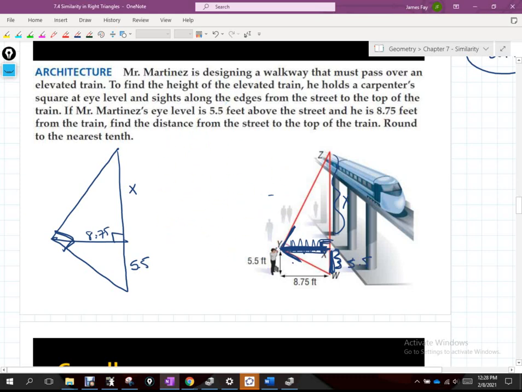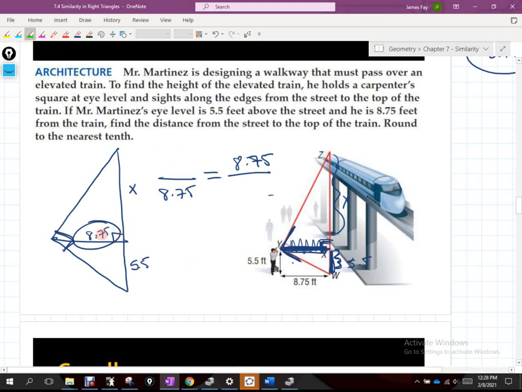So is that 8.75, is that an altitude? So with the corollary that we just had, it should go there and there. Does that make sense? And then what should go in these two spots?